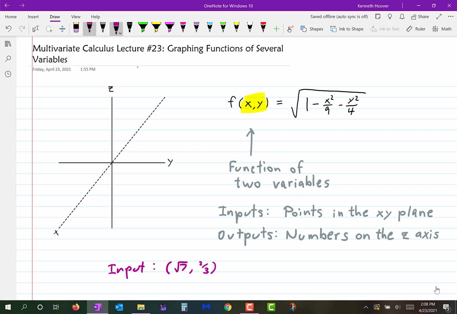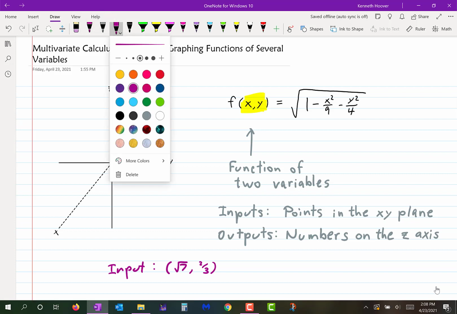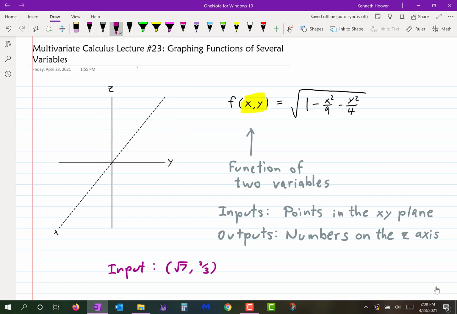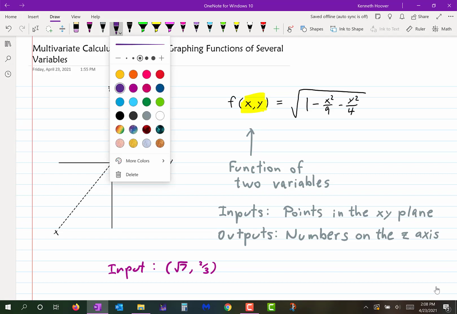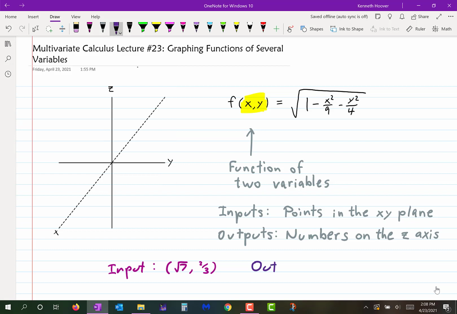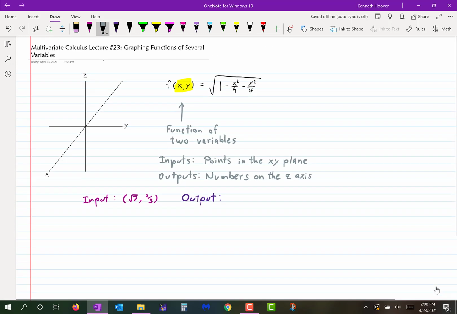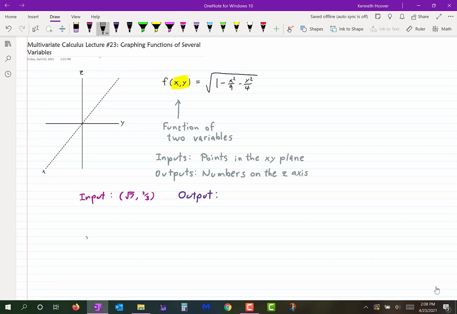Let's write this in a different color. Let's write this in dark purple. Okay. So what would that equal? Let's do some scratch work here. I'm going to write f of square root 7 comma 2/3.